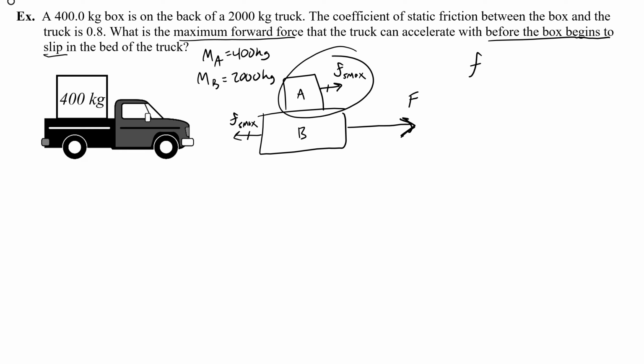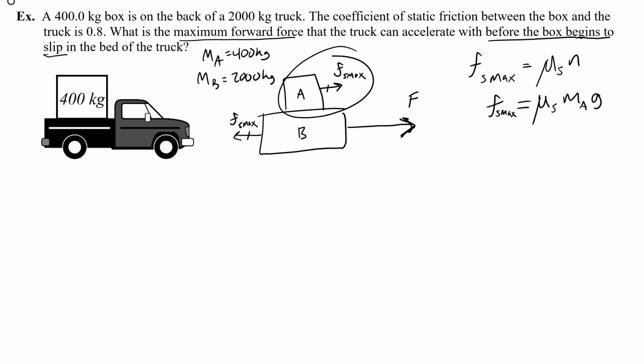And of course, Fs max is equal to the coefficient of static friction times the normal force. And in this problem, because this isn't on an elevator or anything like that, the normal force is equal to the weight of the box. So mu s times mg, but we have to be careful and write mAg so we don't confuse the different masses.